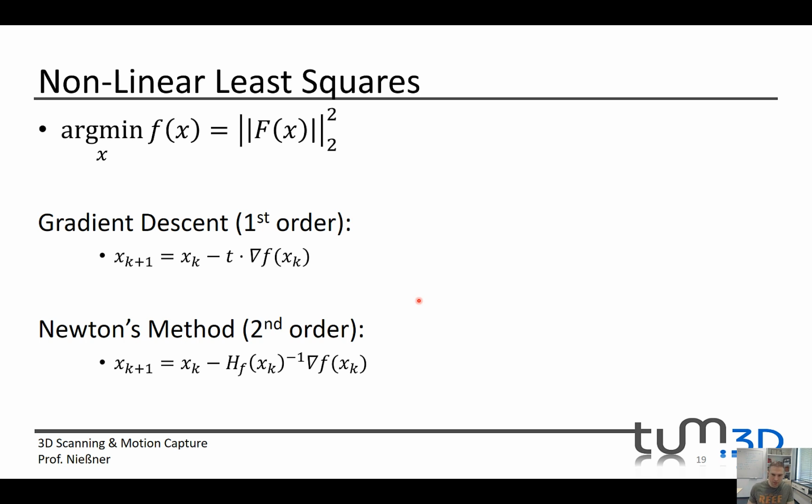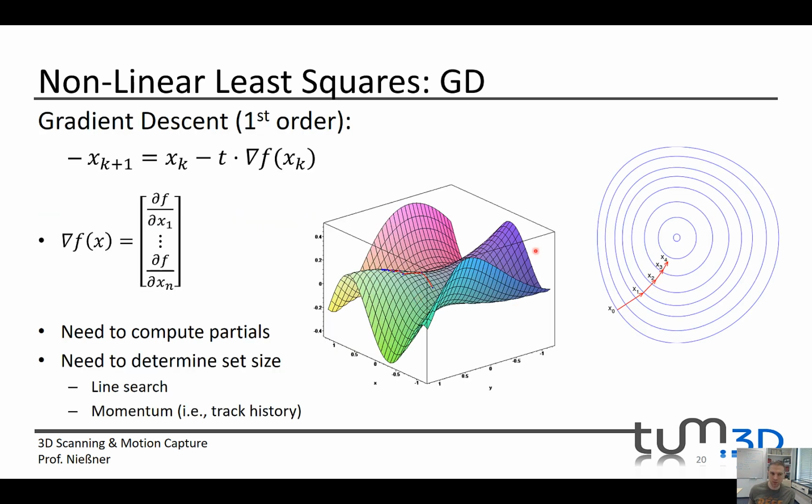Okay, but let's have a look at how it actually looks in a bit more detail. Let's talk about gradient descent first. Often gradient descent is abbreviated as GD. That's what people do. We take the gradient. So we compute all the partial derivatives of our vector. Basically, for our function f, we're computing a partial derivative with respect to x1, with respect to x2, with respect to x3, and so on, right?